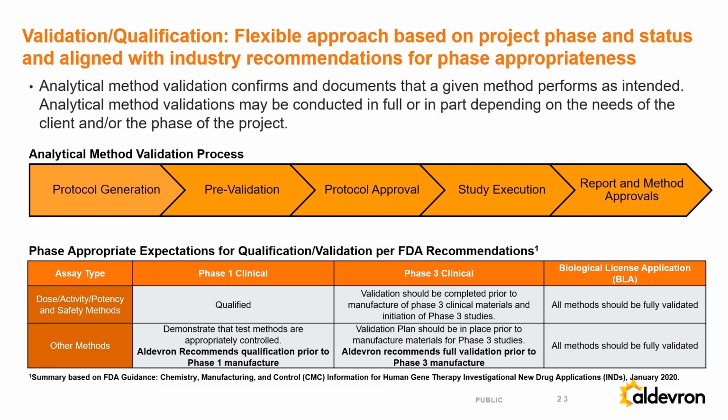When we think about phase appropriateness, the steps typically tend to be the same, but perhaps we are able to shorten some of them. When it comes to method validation and the expectations for qualification or validation, it's important to understand where our clients are in their program and what phase they're at.